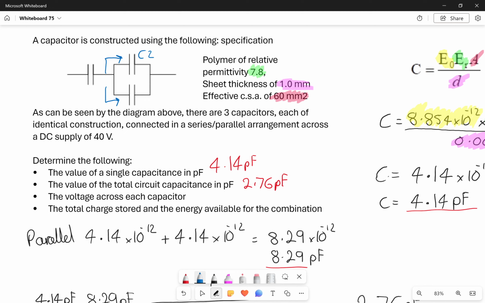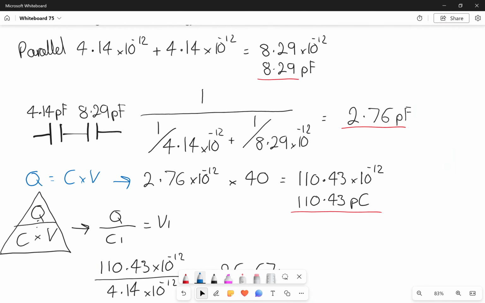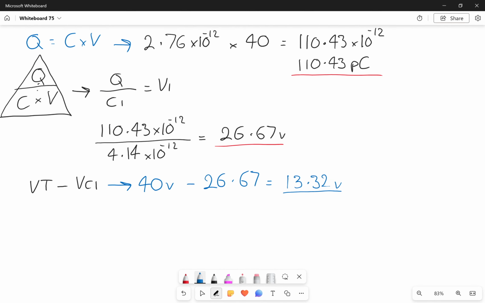So if we call that C2 and we call that C3, we can now say we've calculated the voltage across all the capacitors. We did the charge transposition for C1 voltage, and we've now minused that voltage away from the supply, and we've got a voltage for C1 and C2.